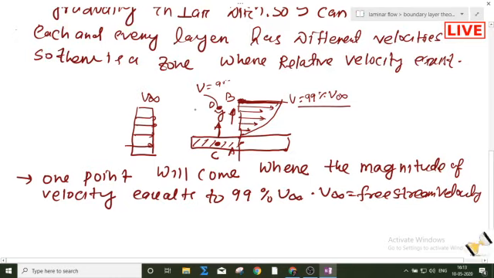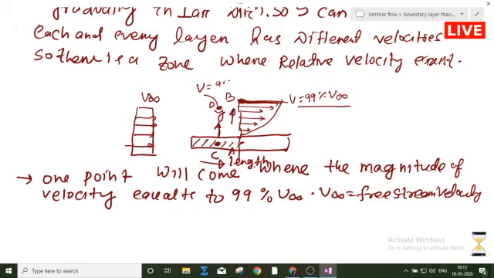So if I move along the length direction of the plate, I will find some point where the velocity is equal to 99% of the free stream velocity.